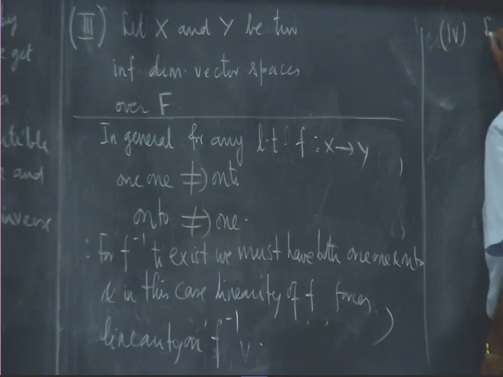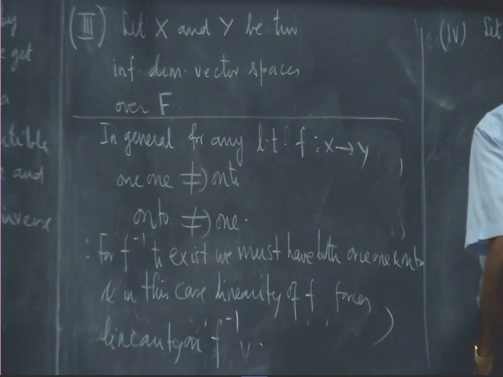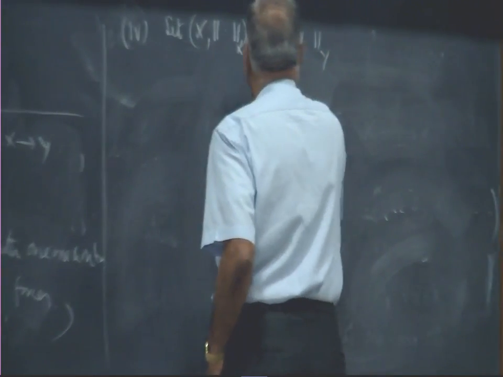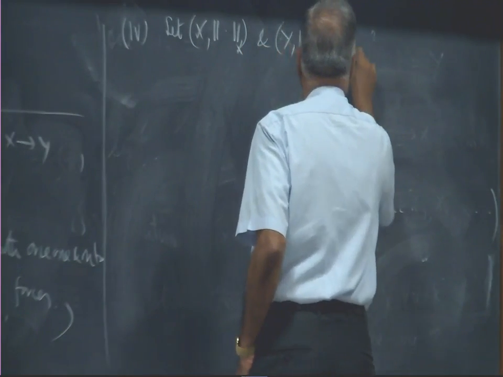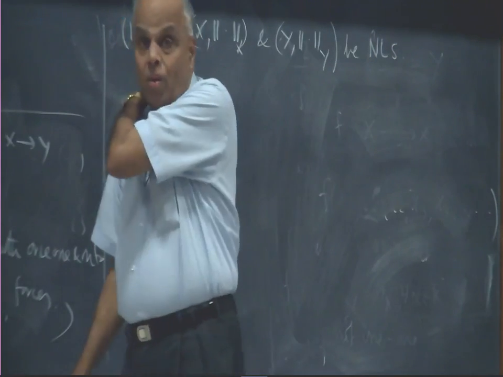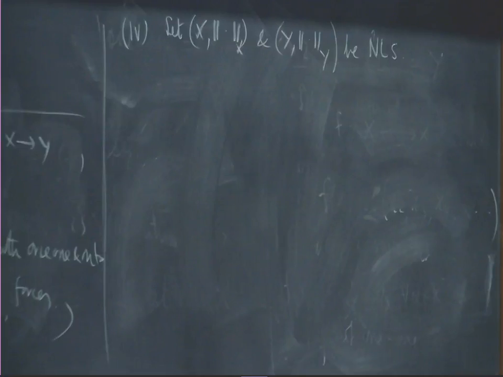So let X and Y, let me call this X norm and Y norm, be normed linear spaces. Now what would I like? I will talk about not only linear transformations but bounded linear, continuous linear transformations, because I have the norm structure.